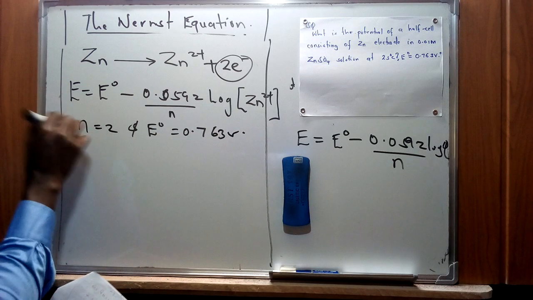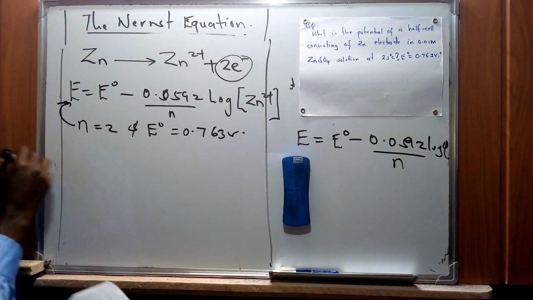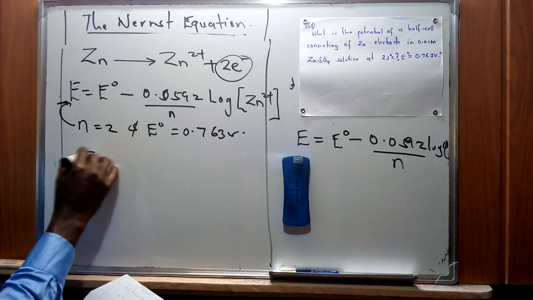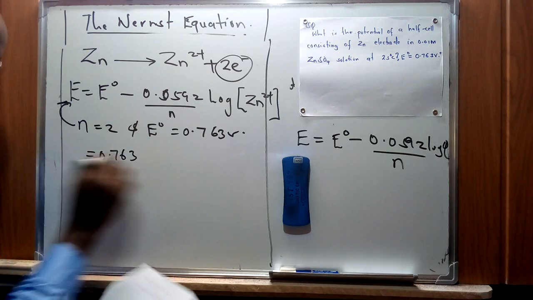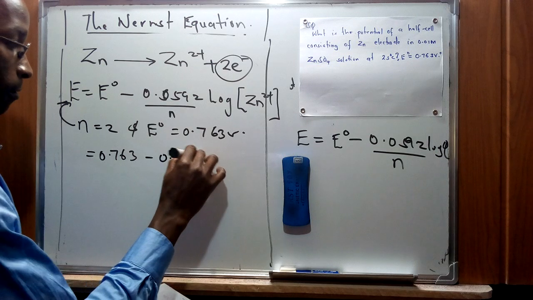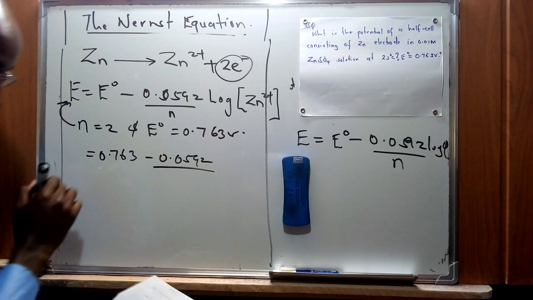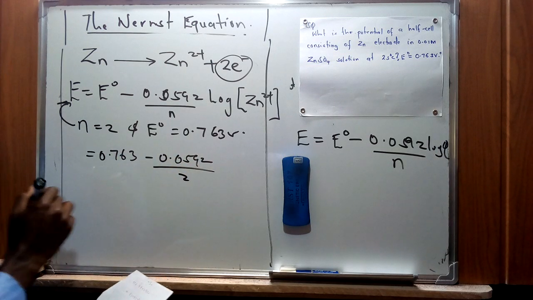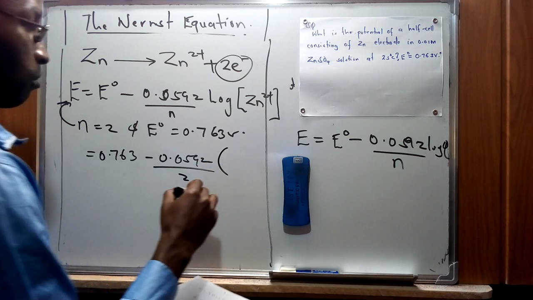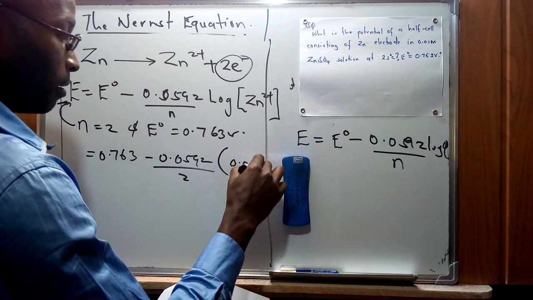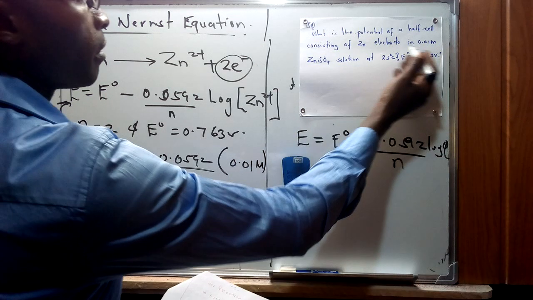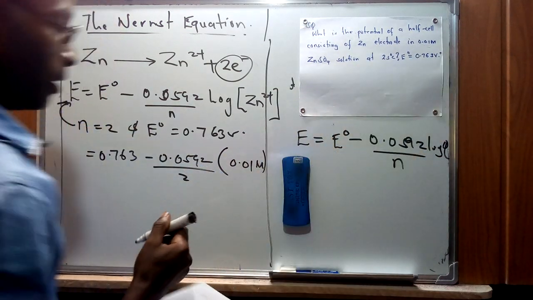So E equals 0.763 minus 0.0592 divided by 2, log of 0.01 molar that we are given there.